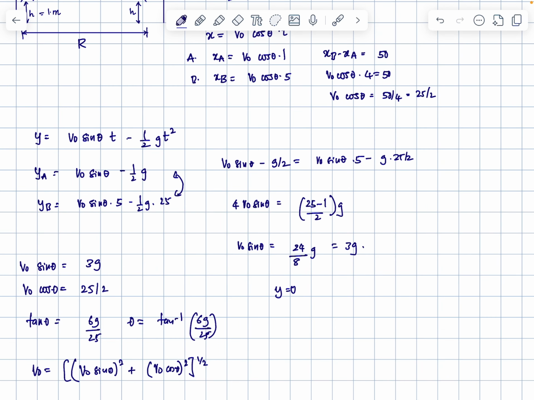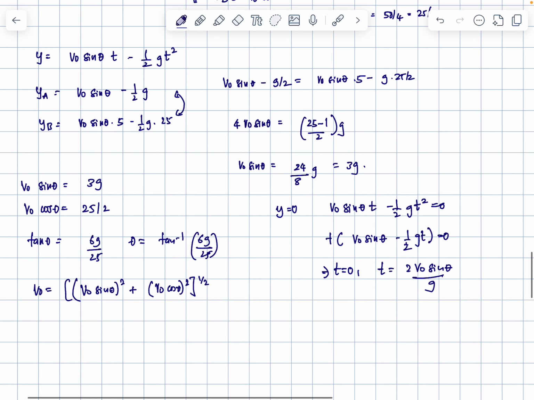Therefore v0 sine theta t minus half g t squared equals 0. We factor out t: v0 sine theta minus half g t equals 0, which means that t equals 0 or t equals 2 v0 sine theta divided by g.